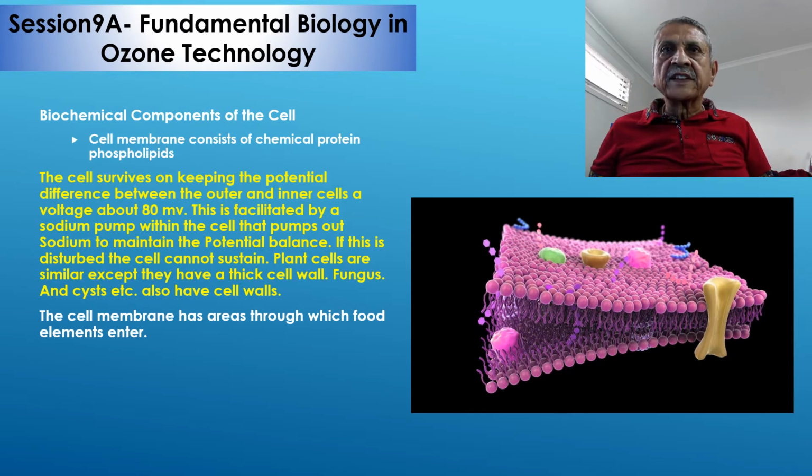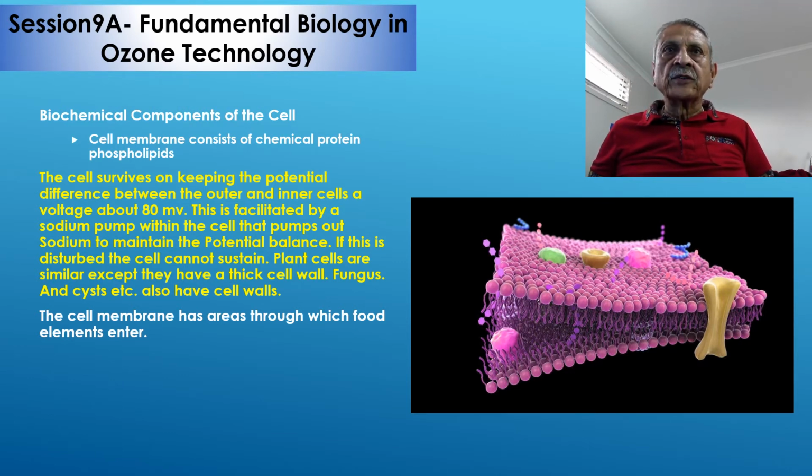The diagram in this slide shows a blown up picture of a membrane. You find the membrane consists of chemical or protein called phospholipids. So it's a phospholipid layer. Two layers are bound to each other to form the membrane.